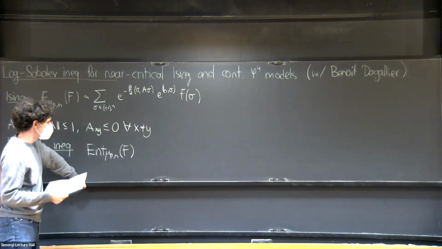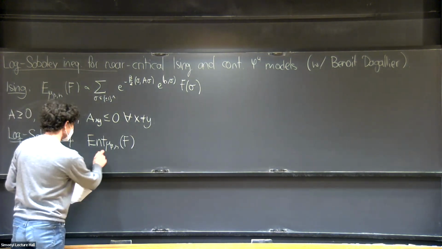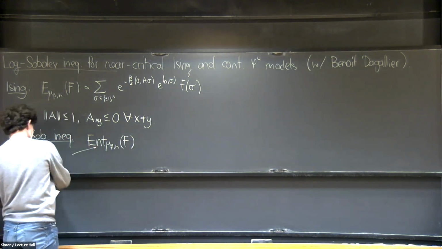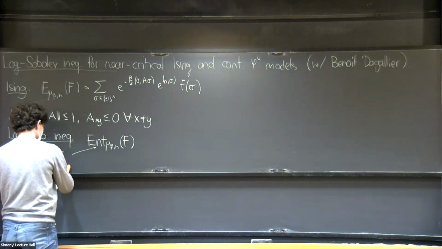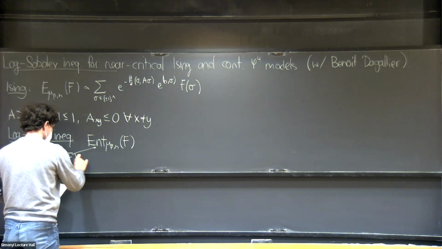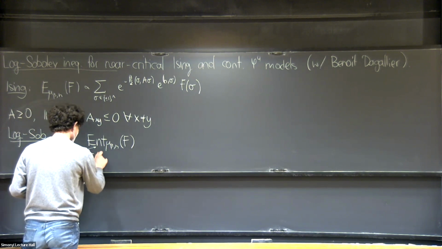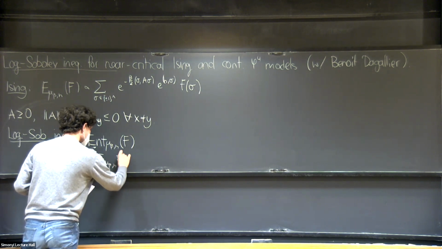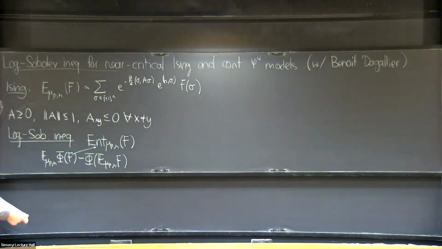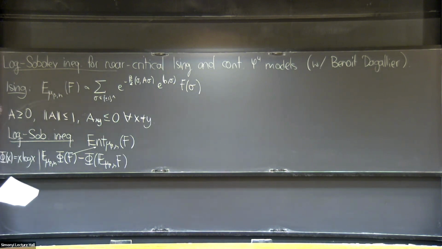It's a non-negative function on R to the Lambda. And the relative entropy is then expectation beta h of phi of F minus, well, if F has expectation 1, then the second term can be omitted, where this function phi is x log x.